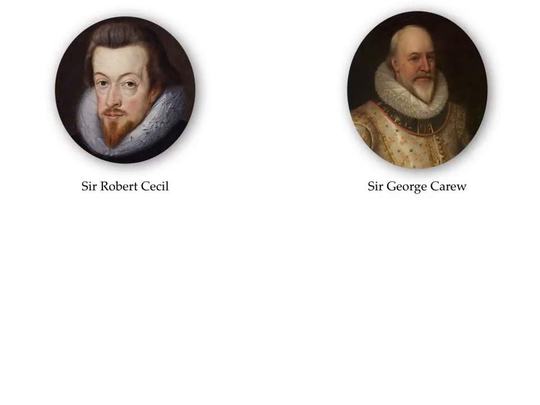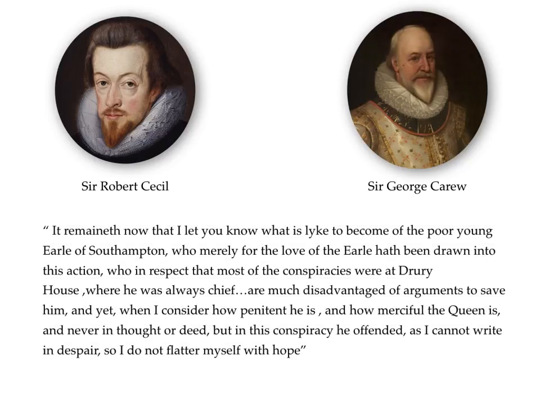Public opinion favoured clemency, and it appears that the government felt that mercy to Southampton might help conciliate this. A letter from Robert Cecil to Sir George Carew reflects this. It remaineth now that I let you know what is like to become of the poor young Earl of Southampton, who merely for the love of the Earl hath been drawn into this action, who in respect that most of the conspiracies were at Drury House, where he is always chief, are much disadvantaged of arguments to save him.